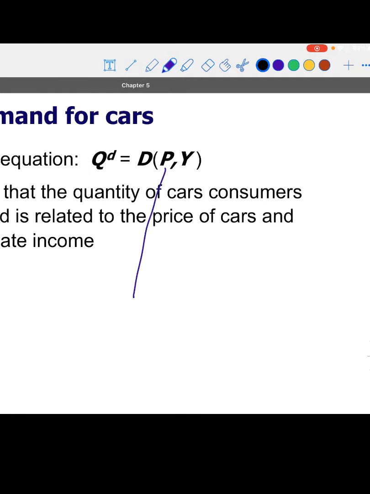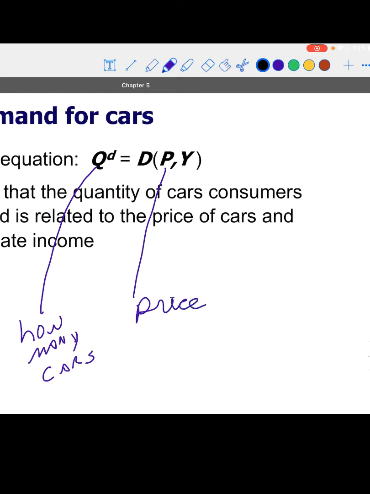Well, here what we're saying is that how many cars are purchased is in some sense a function of, or related to, the price of a car and how much money people have.